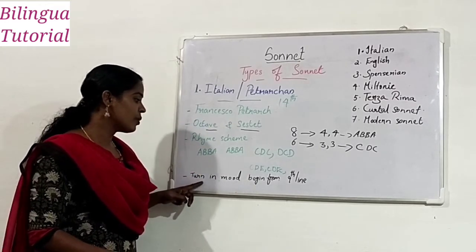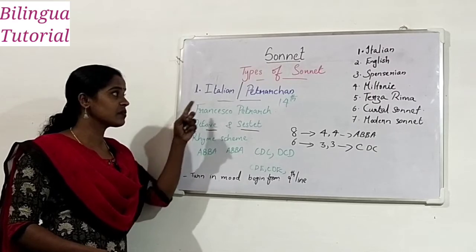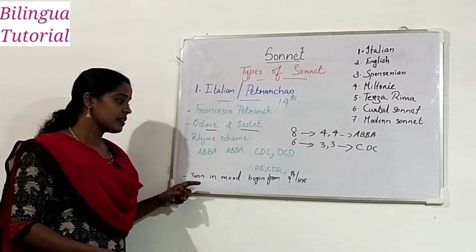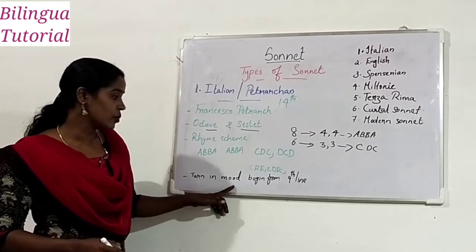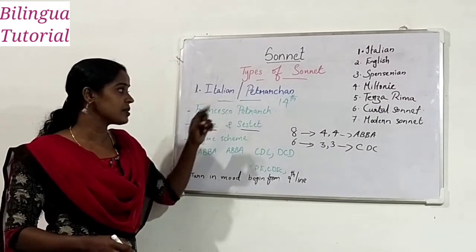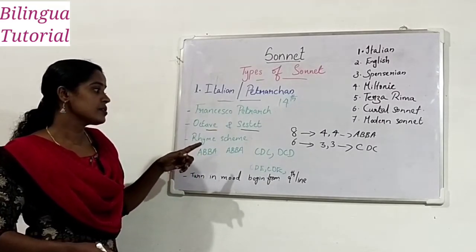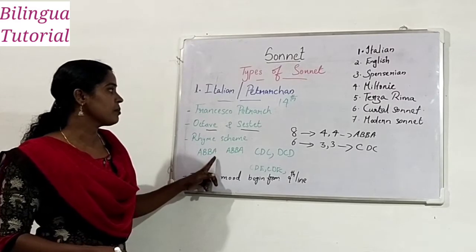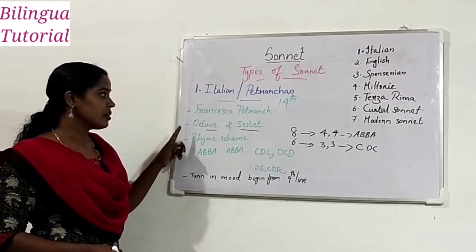Then the mood of the poem. We have seen that another characteristic of the sonnet is the volta, and the turn in mood begins from the 9th line of the Petrarchian sonnet, the first line of the sestet. So these are the main features of the Italian or Petrarchian sonnet.